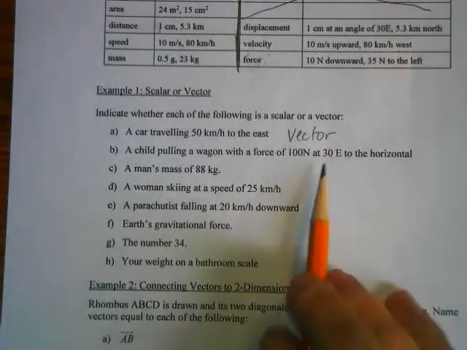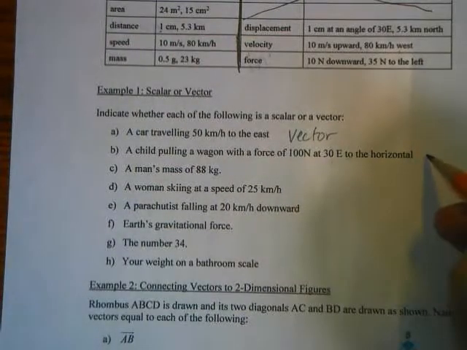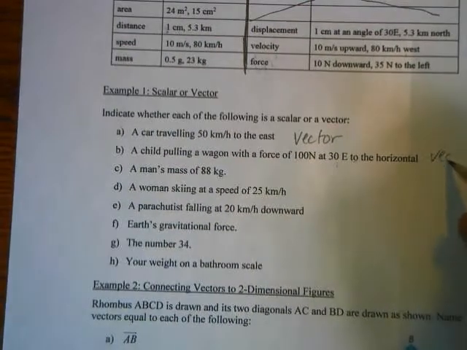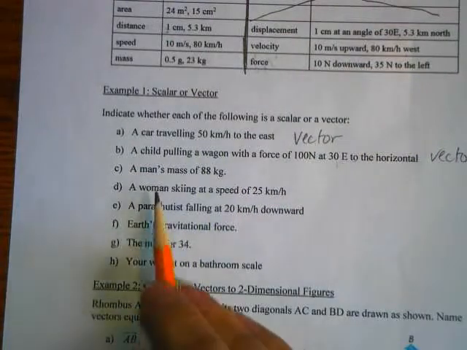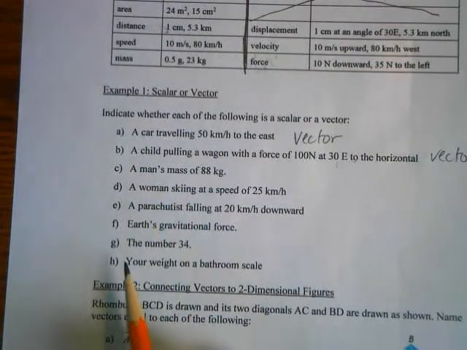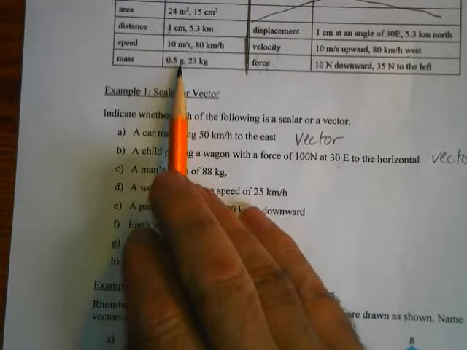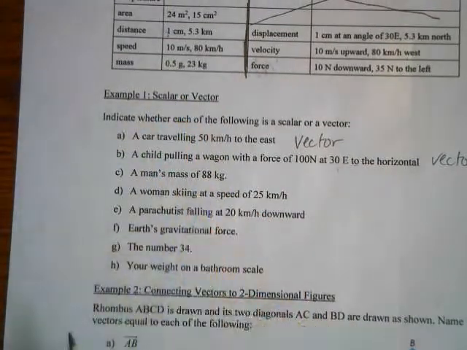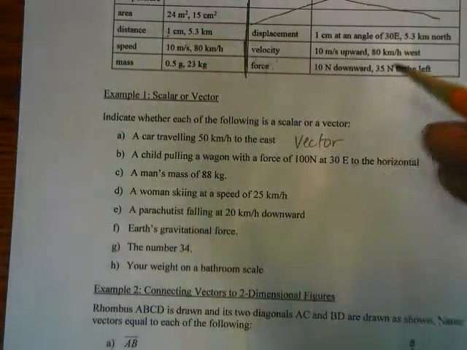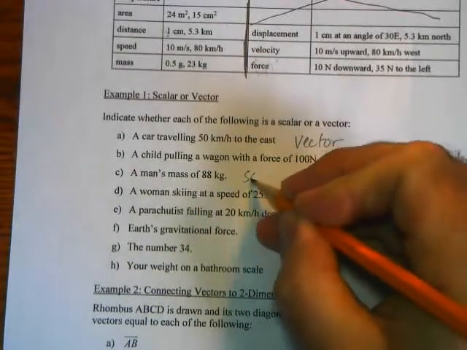Well, 30 degrees east tells you a direction, so that's also a vector. A man's mass of 88 kilograms. Well, we saw mass up here also, but there's no implied direction there, obviously, so that's a scalar.